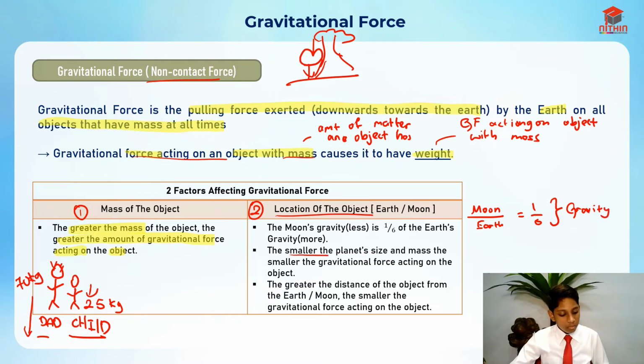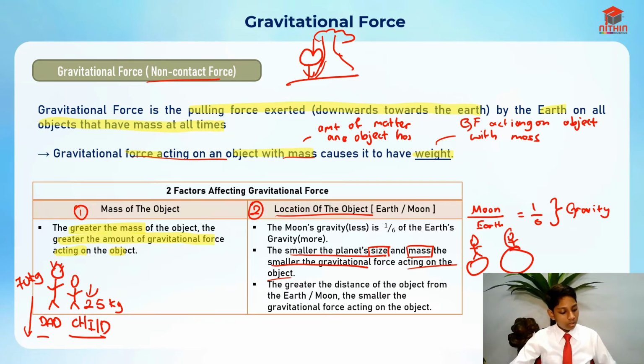Next, the smaller the planet's size and mass, the smaller the gravitational force acting on the object. So basically, if we have an astronaut on the moon and an astronaut on the Earth, basically the Earth is bigger, right?